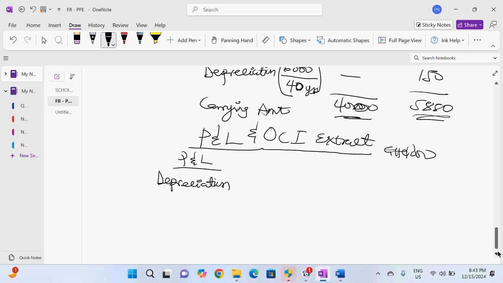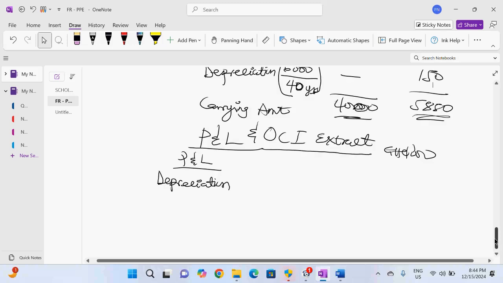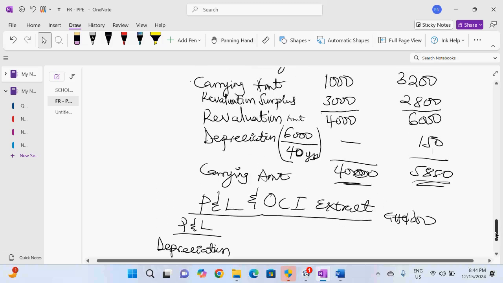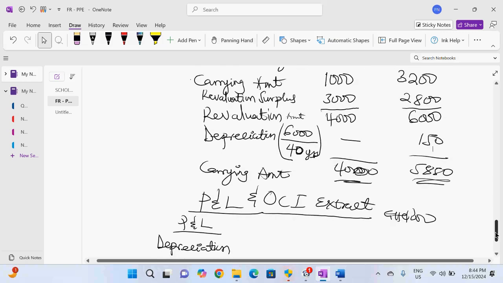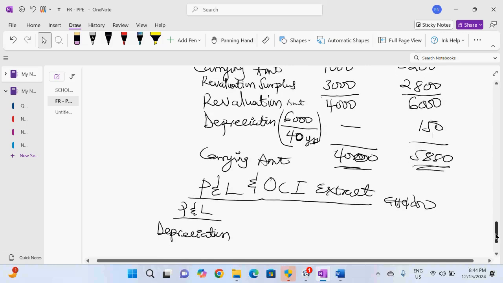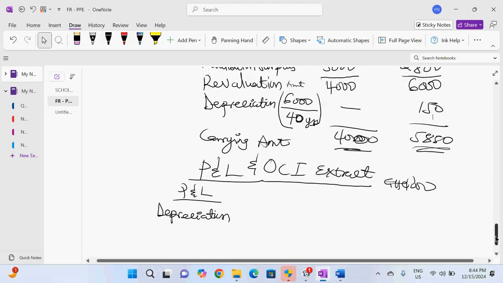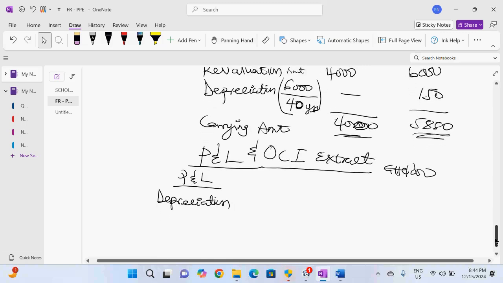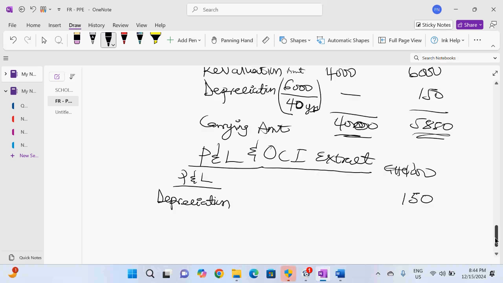So what is the depreciation amount? 150.